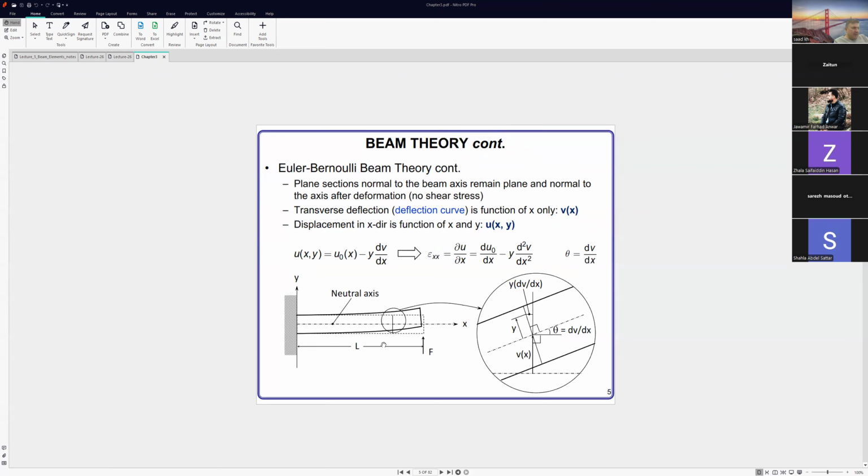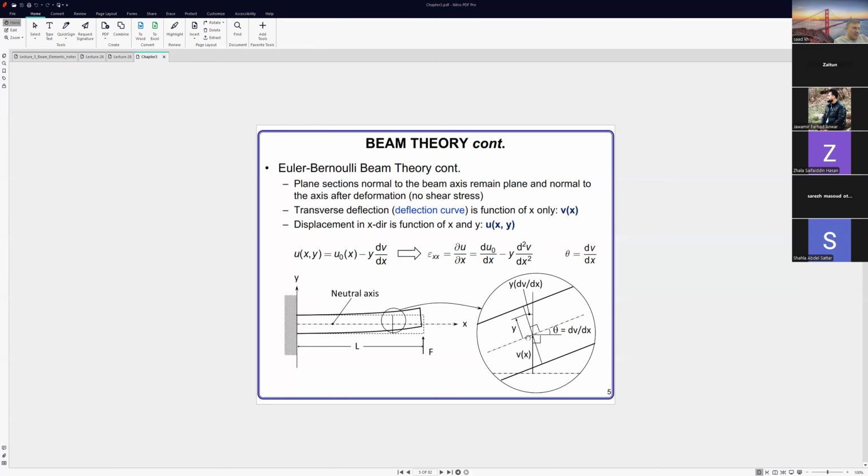Here this is the cantilever beam, and this is the magnified part. So here we have y dv over dx. This is the angle, and the rotation here, theta, is dv over dx.